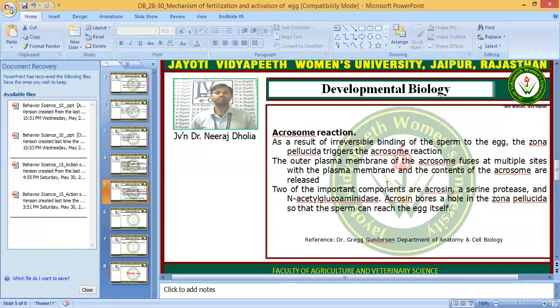Two of the important components are acrosin, a serine protease, and acyl glucosamine-based components. Acrosin bores a hole in the zona pellucida. After creation of holes in the zona pellucida, the sperm can reach the egg cell easily.